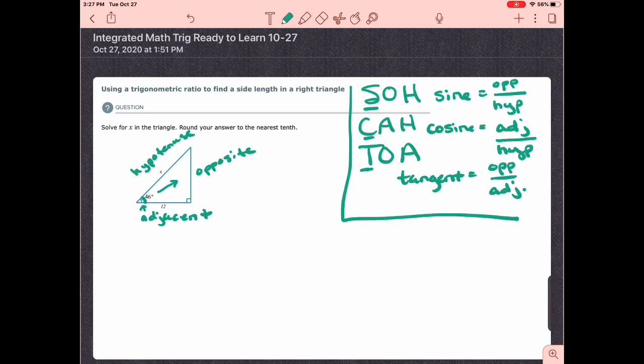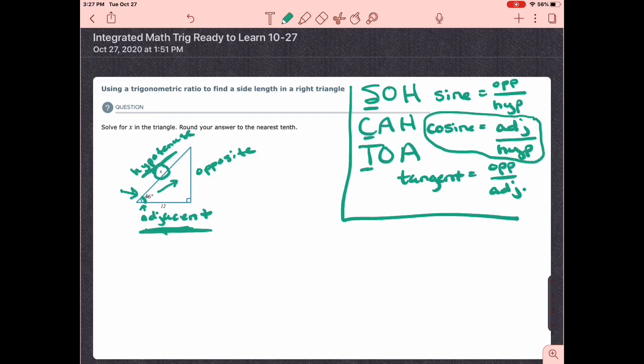So we need to make up something that solves for a hypotenuse, that uses an adjacent that we know, and uses an angle. And so the two things that we are looking at, hypotenuse and adjacent, we come over here and we look for the one that has hypotenuse and adjacent.